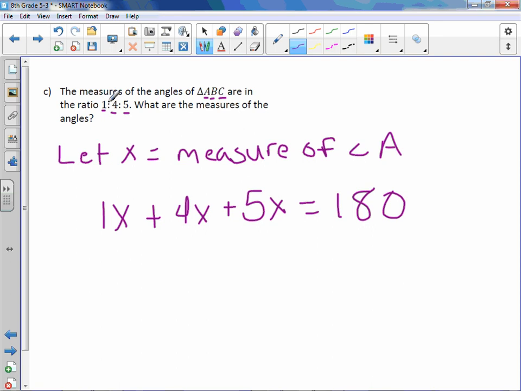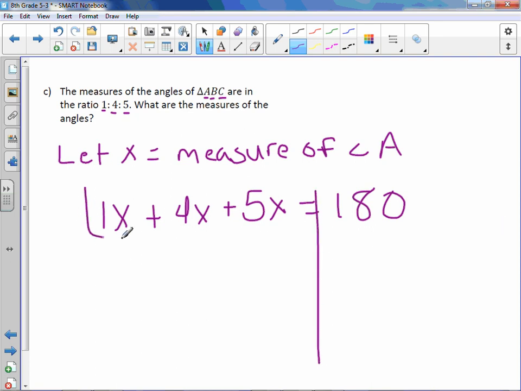But really this means if angle A were 10 degrees, for example, angle B would be 4 times that, or 40. Angle C would be 5 times that, or 50. Okay? So that's what the ratio means. So we can actually put our unknown amount as x for angle A and go from there.